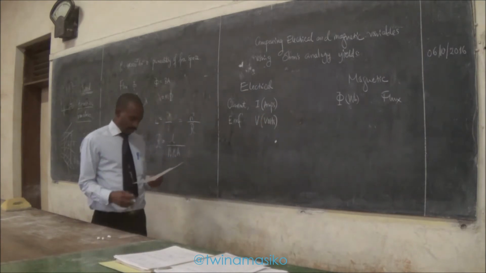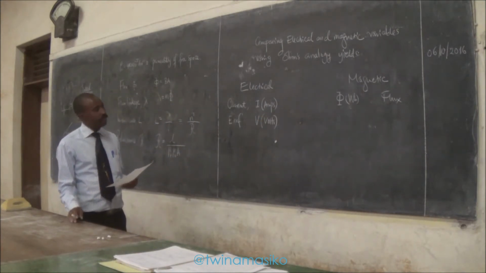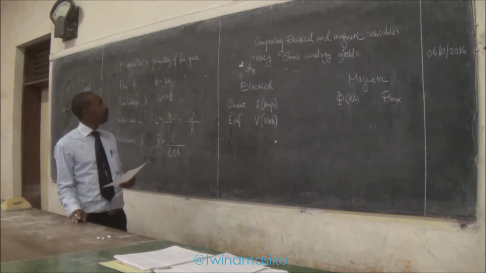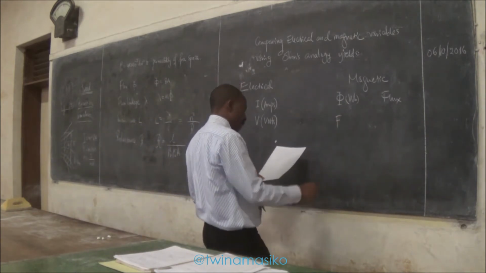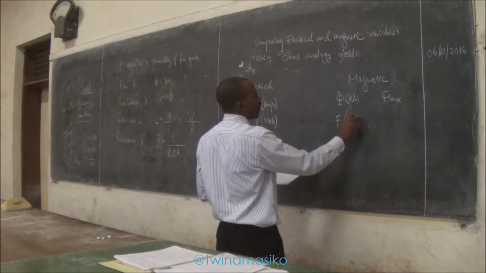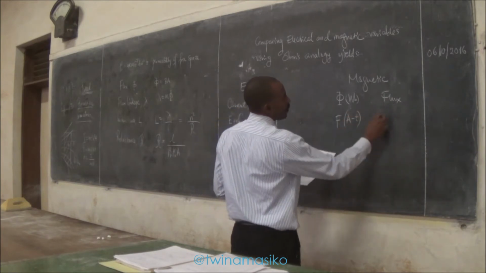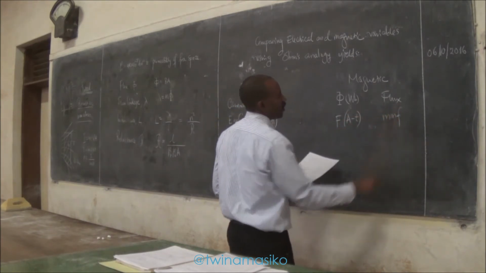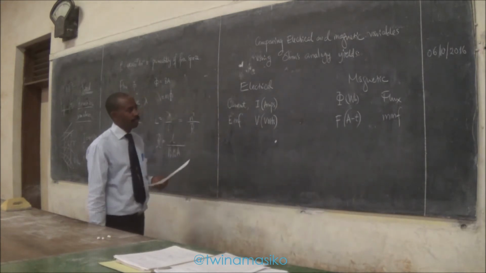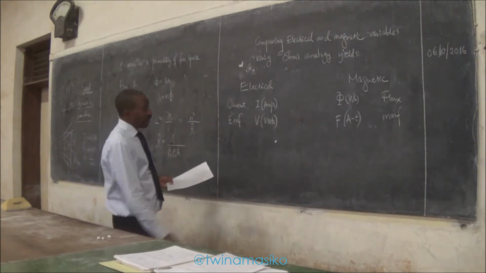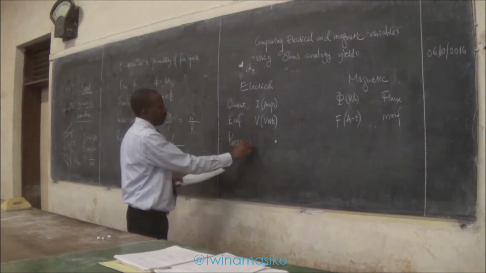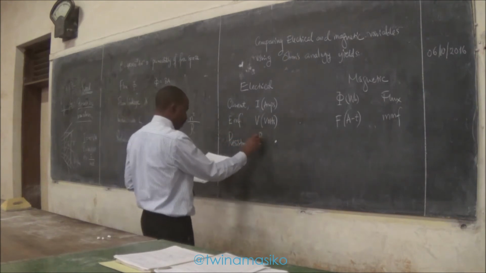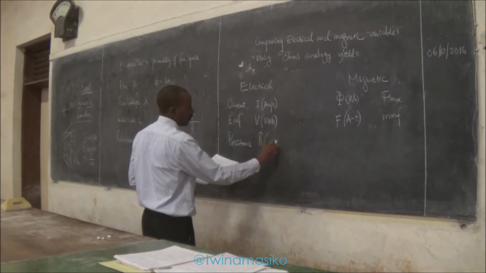Comparatively, we talk of the MMF, or magnetomotive force, which we denote as F. Sometimes we say ampere turns, and this is the magnetomotive force. The other one is the resistance, and it's measured in ohms.